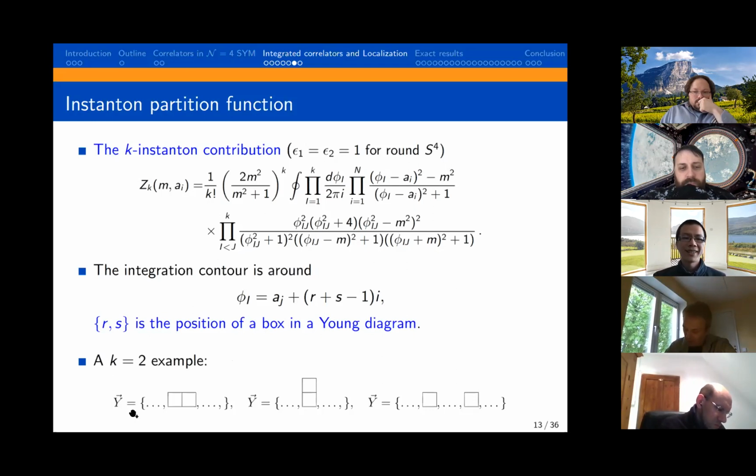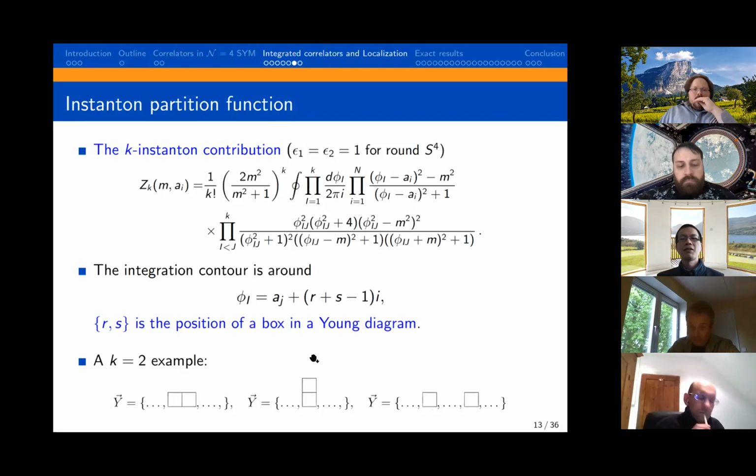There's a Young diagram, say for an SU(N) theory, where the point is that I want to distribute the K boxes on N positions. In this case, there are only 2 boxes. You can put these 2 boxes on the same position, like this, or you can distribute these 2 boxes on separate positions.